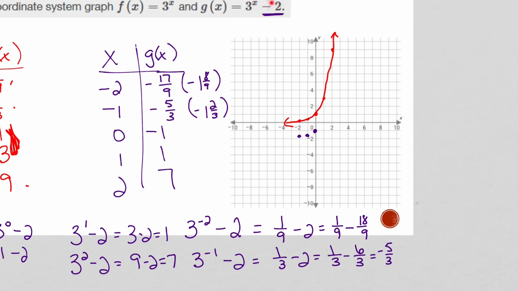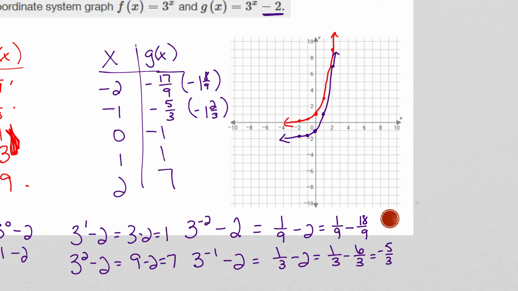So that's what that does right there. It moves it down 2 spots. All right, and then we've got (1, 1). And then we've got (2, 7). All right. There we go.